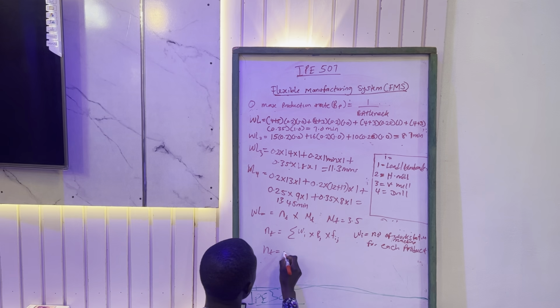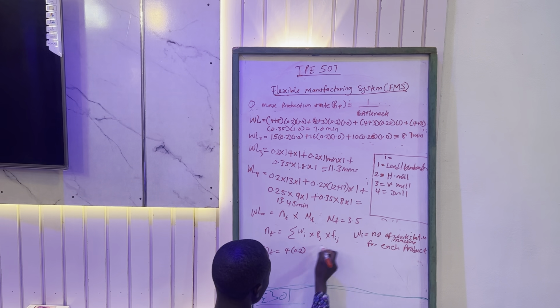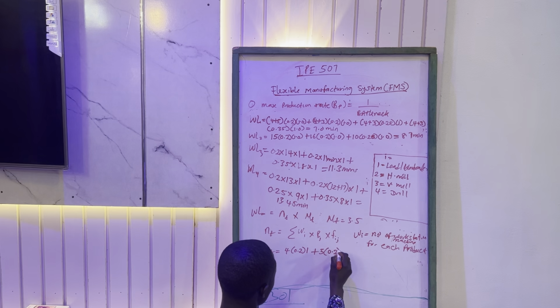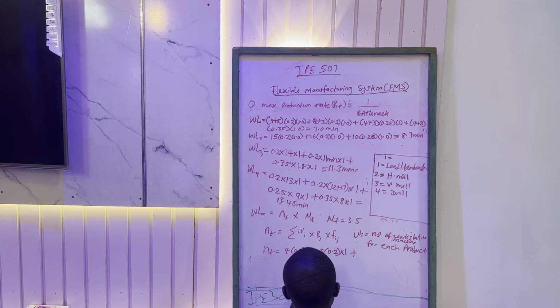So nt will be equal to the wi for product A, which is 4, times the part mix 0.2 times operating frequency 1, plus product B, which has 5, like I explained, times the part mix 0.2 as well, times 1. For product C, how many stations?